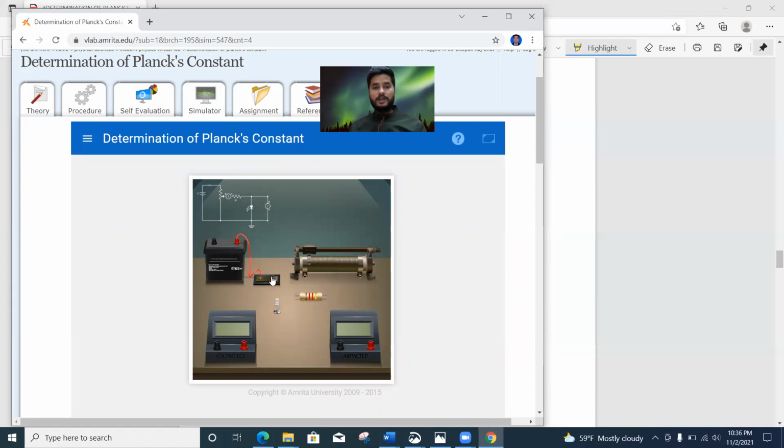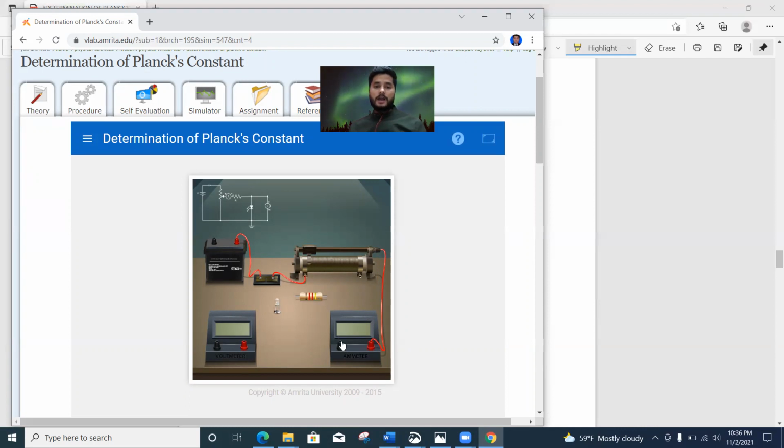Similarly, where the finger-pointed arrow appears, I connect this wire from here to here. If there is no connection, we will try again. Similarly, now I'm going to connect this rheostat from there to our voltmeter. I think this is our ammeter, sorry, ammeter.